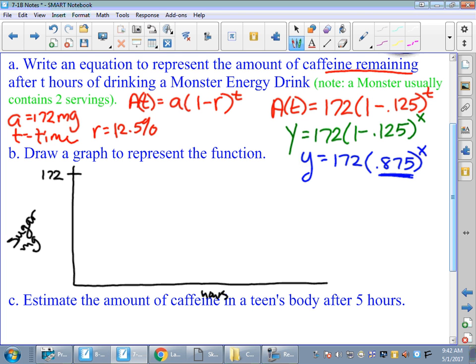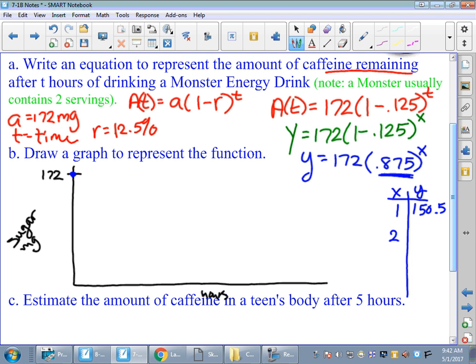After 0 hours, I would have 172 milligrams of sugar. After 1 hour, I'm going to make a table of values. After 1 hour, I could take that 0.875 to the first power, times 172, and I'd have 150.5 milligrams.